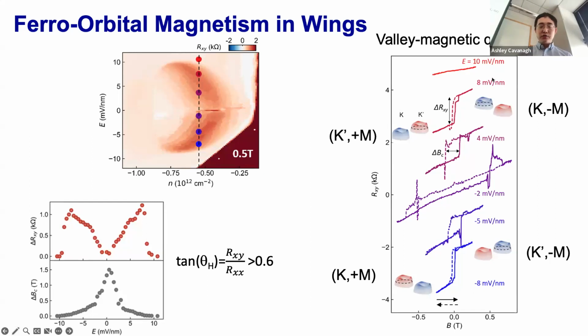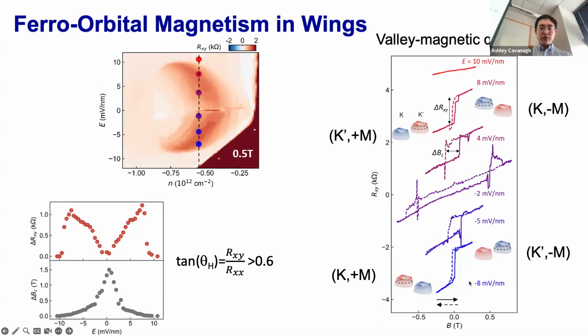We apply a positive electric field, and at the negative magnetic field, you got K prime with a plus M. And when you apply a big magnetic field, since you fix the electric field, when you switch this orbital magnetization, you go from positive M to negative M. But at the same time, you go from the K prime valley to the K valley, because the two valleys have opposite orbital magnetization at the same electric field.